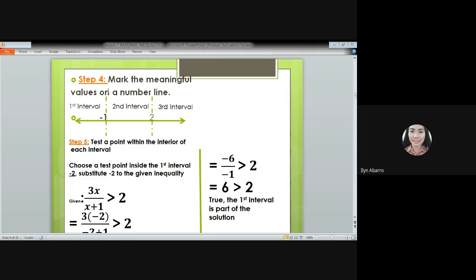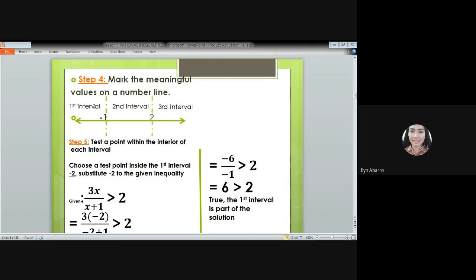So then you will divide this number line. You draw a broken line if the basis is not included in the solution. -1 is not included in the solution, so that is why I draw a broken line, and 2 is also not included in the solution, so I draw a broken line in here.